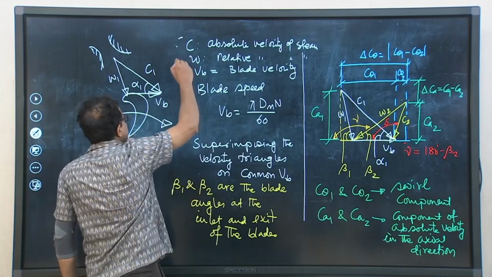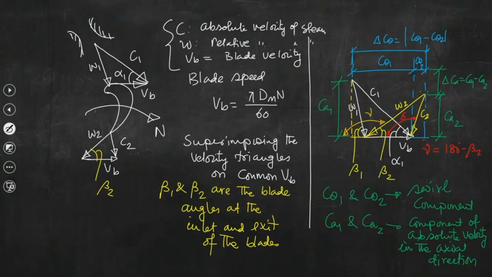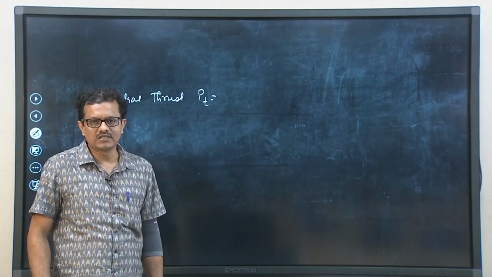Now, the tangential thrust, that is Pt, is due to the change or difference in whirl component of velocity.